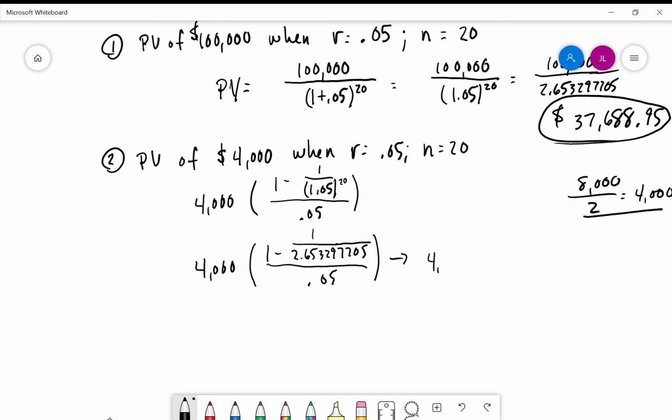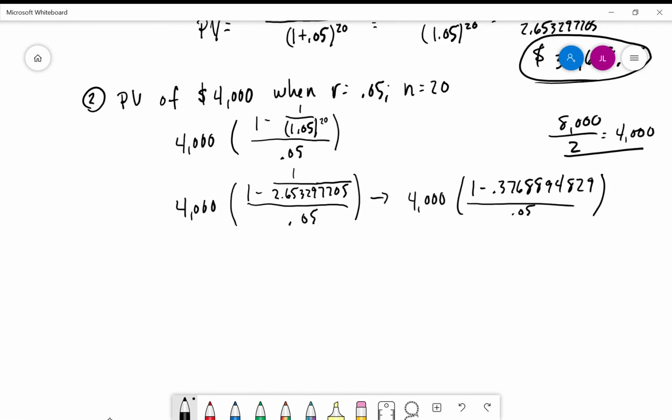So we're really looking at 4,000 multiplied by 1 minus 0.3768894829 over 0.05. Okay. 1 minus our 0.3768894829 is 0.623.